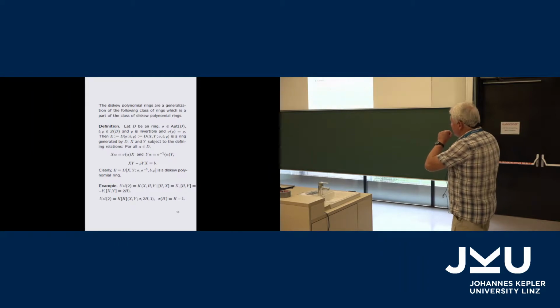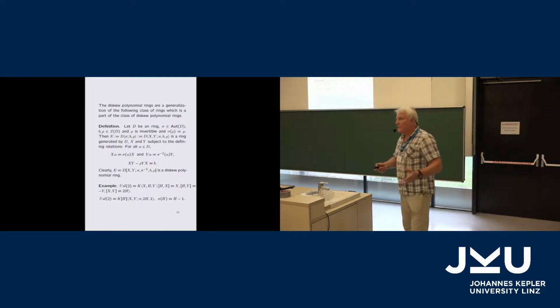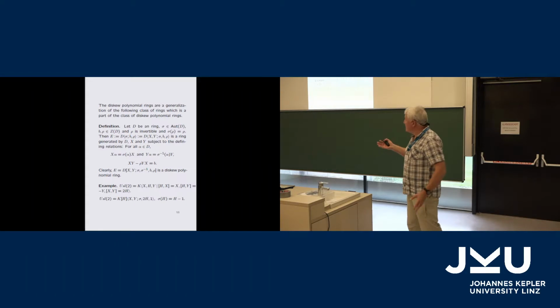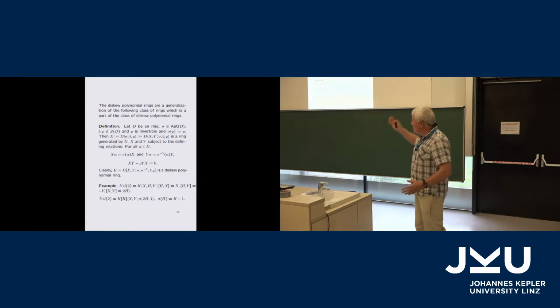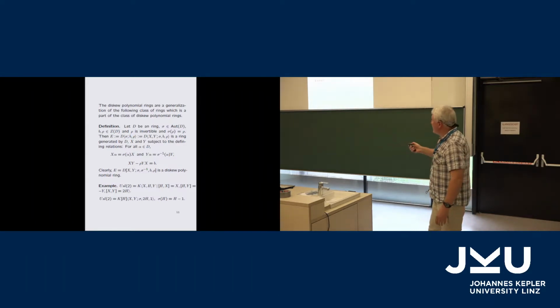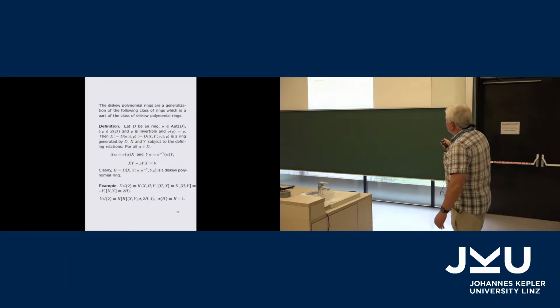Okay, so now the question: what is the relation between these? When we look at algebras like Witten-Woronowicz, UQSL2, these examples can be represented in this construction. So this is a particular case of the construction, and this kind of ring has usually been studied for the last 25 years. You have a ring, you have an automorphism, you have an element of the center, and rho is invertible and rho is sigma invariant.